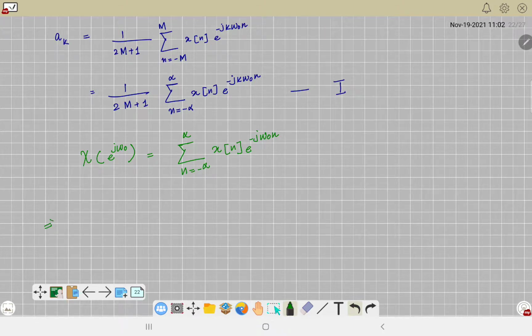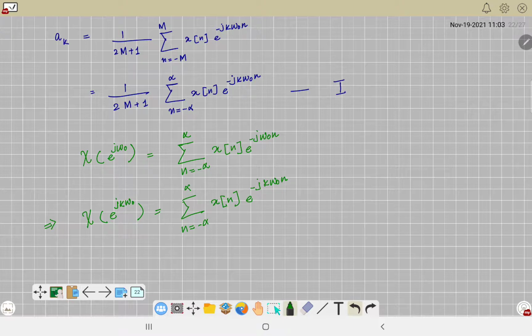From this function that I have just defined, I can say that X of e raised power j k omega naught is the summation from minus infinity to plus infinity of x of n e raised power minus j k omega naught n. So this is an arbitrary function that I am defining, which is a continuous function of frequency because it involves the parameter omega.